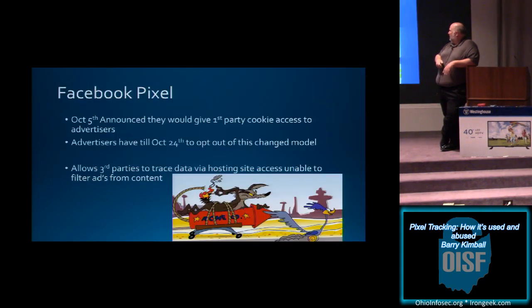So that was interesting. Back in October, Facebook implemented what's called a Facebook Pixel, which basically gives their third-party advertisers first-party access to the data, so that all ads come through to the users as actual Facebook traffic instead of a third-party app.